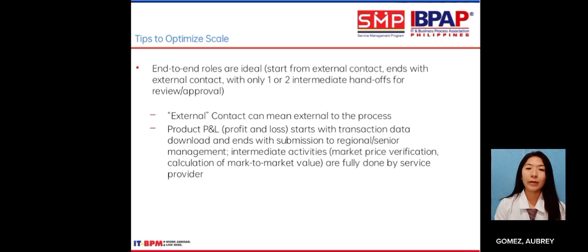External contact can mean external to the process, product, or P&L, profit and loss. It starts with transaction data download and ends with submission to regional or senior management. Intermediate activities, market price verification and calculation of mark-to-market value, are fully done by the service provider.